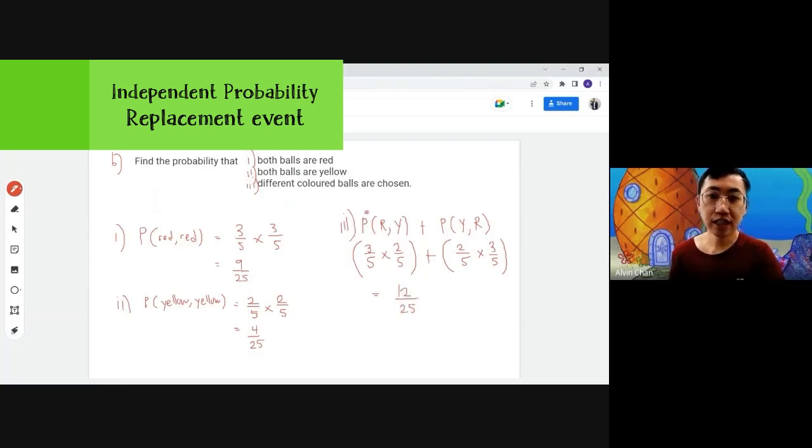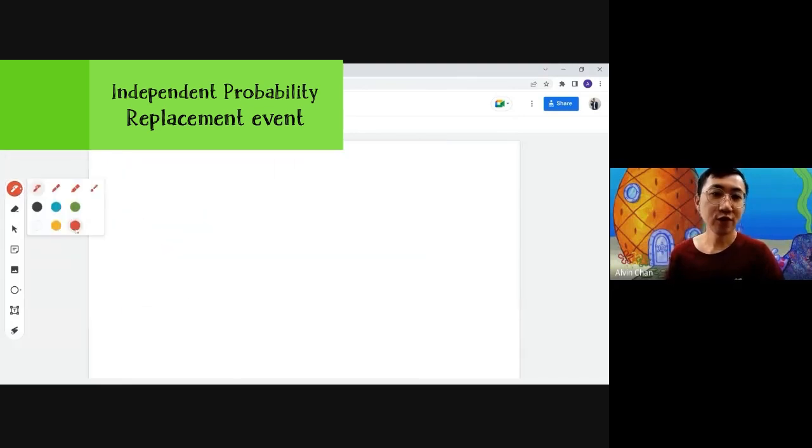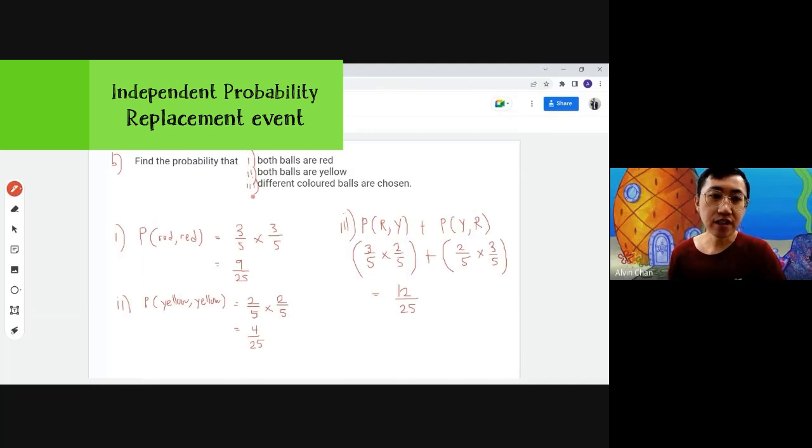And I will use another method to do part 3. Part 3 also has another method. You can use 1 minus red, yellow, isn't it? So what was P red just now? 9 over 25. What was P yellow just now? 4 over 25.